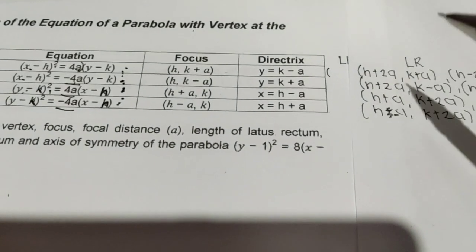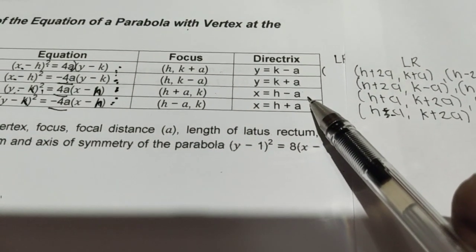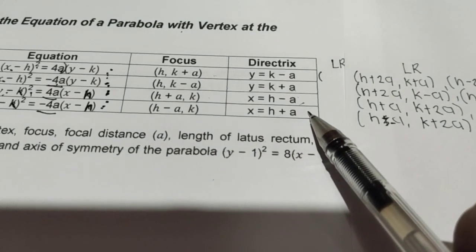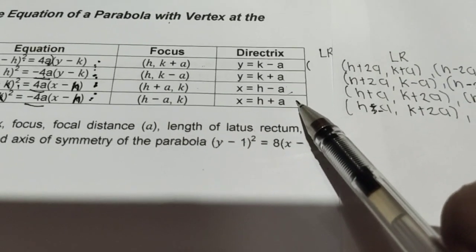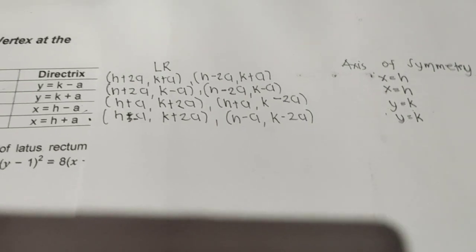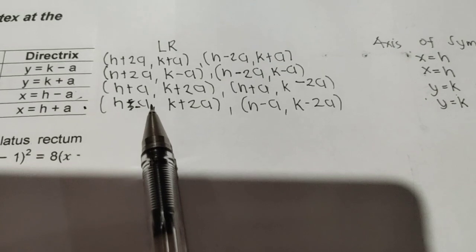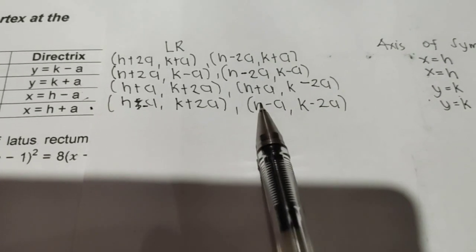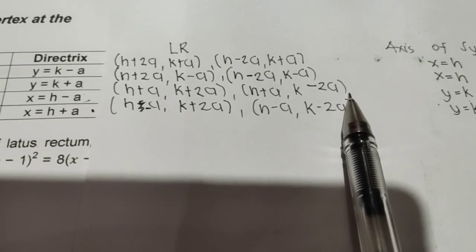The directrix of the parabola that opens to the right is x equals h minus a, while the directrix of the parabola that opens to the left is x equals h plus a. The endpoints of the latus rectum of the parabola that opens to the right are (h plus a, k plus 2a) and (h plus a, k minus 2a).